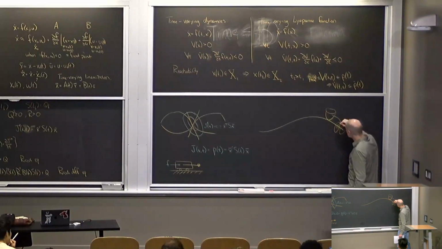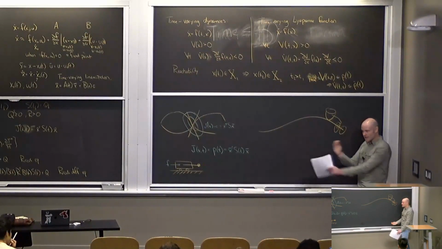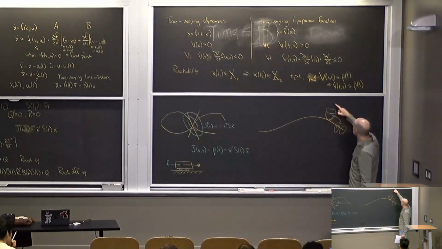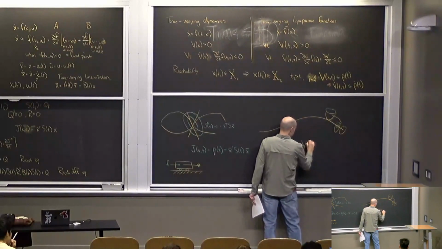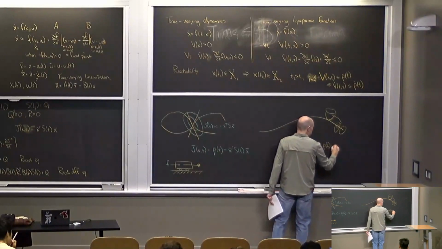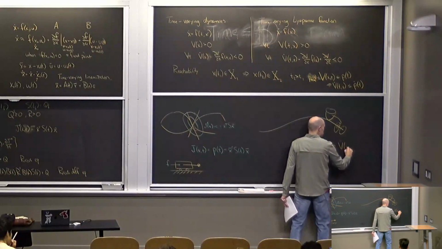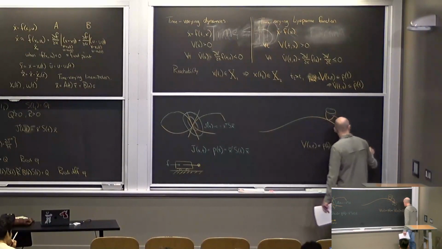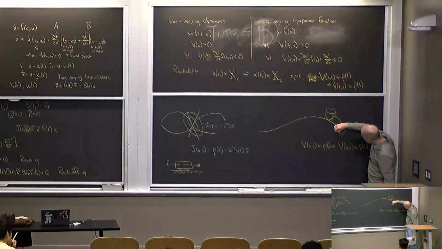In the extreme, if you just care about getting to the perch, the reachability type statements, you don't even need to verify over a whole ring. If you just verified that V(x, t) equals rho(t) implies V dot of (x, t) less than rho dot of t, that would be saying that on the rho boundary, I'm at least going in.